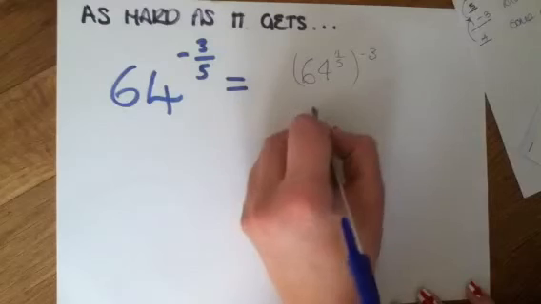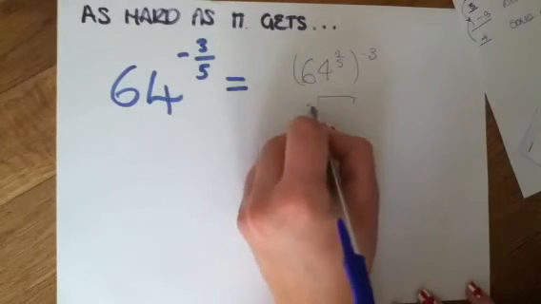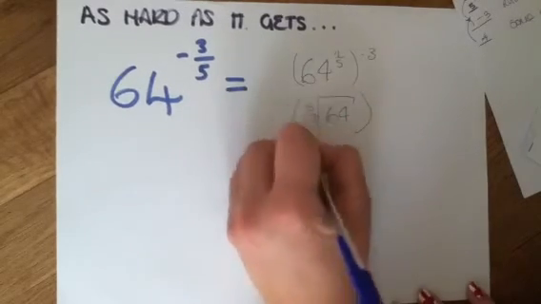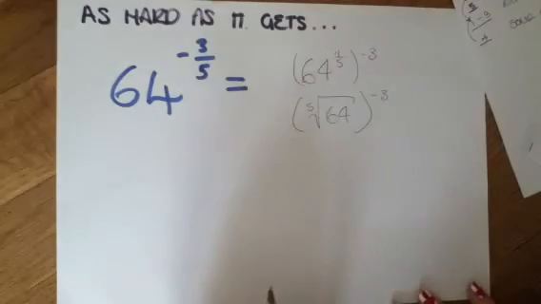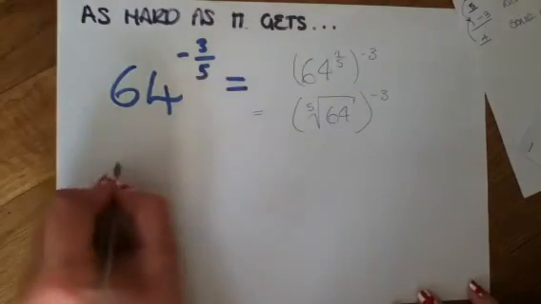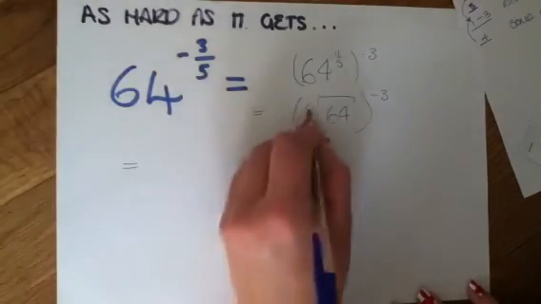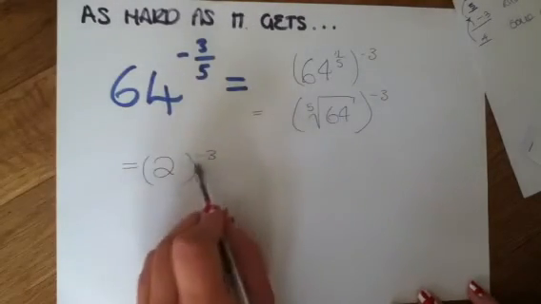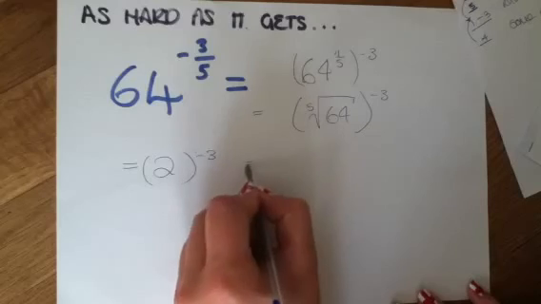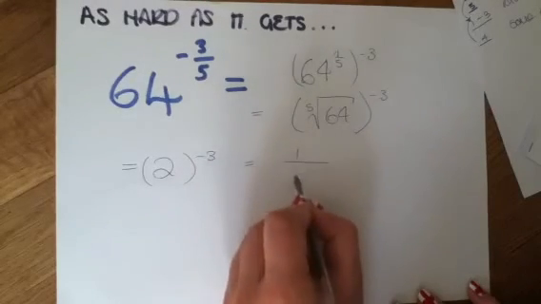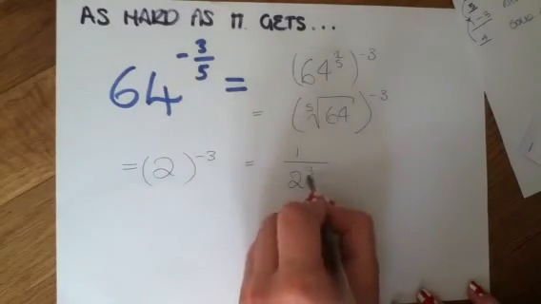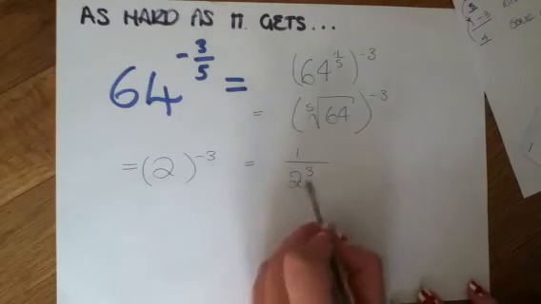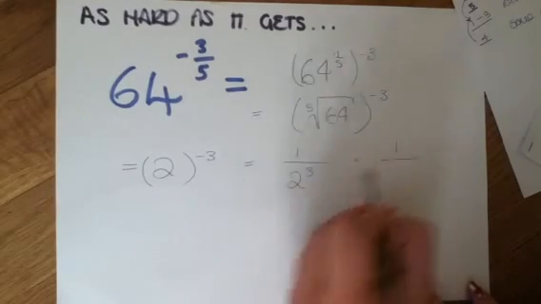And 64 to the 1/5 is the 5th root of 64. Don't forget, it's all still raised to the minus 3. This is then equal to 2 to the minus 3. Now we've got the minus sign, so we can do a 1 over reciprocal. So that's 1 over 2, and we've still got the 3 to carry. Then our final step is to cube 2.